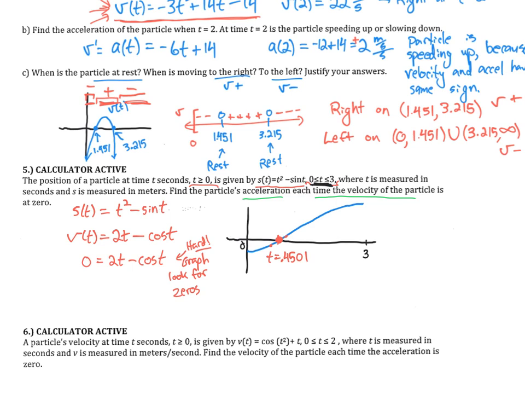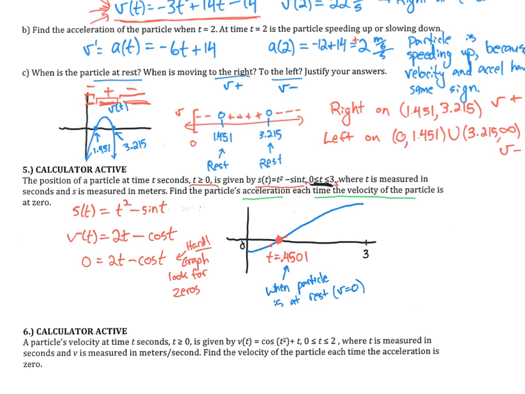This is where the particle is at rest, because that's where the velocity is equal to 0. So that is when the particle is at rest, where the velocity is 0. And what we want to do is find what the acceleration of the particle is at that point in time.